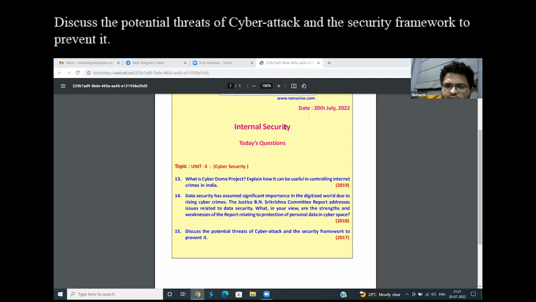Discuss the potential threats of cyber attack and security framework to prevent it. So straight away you write an introduction as to what are the various cyber attacks.